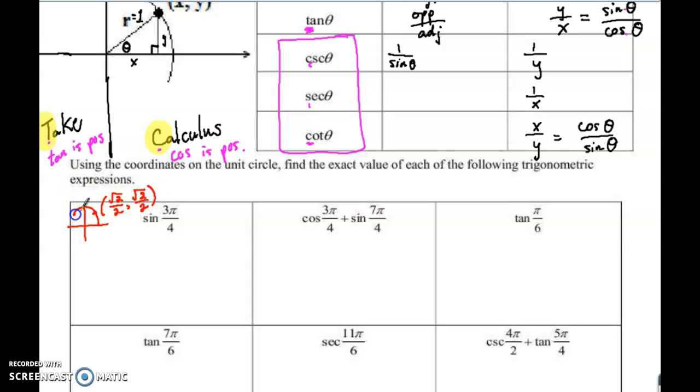So if I go into the second quadrant where 3 pi over 4 is, sine is still positive there. So we have a positive answer, and it's the y-coordinate of the angle 3 pi over 4, so it's still root 2 over 2. And that is your answer, without looking at the unit circle.